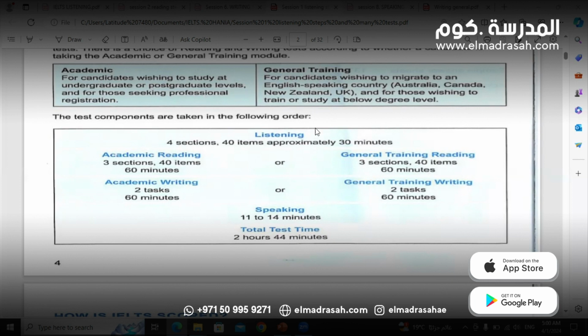So in general, this exam is divided into 4 parts, which are listening, reading, writing, and speaking. The listening part covers around 4 sections. Those 4 sections contain 40 questions in total.